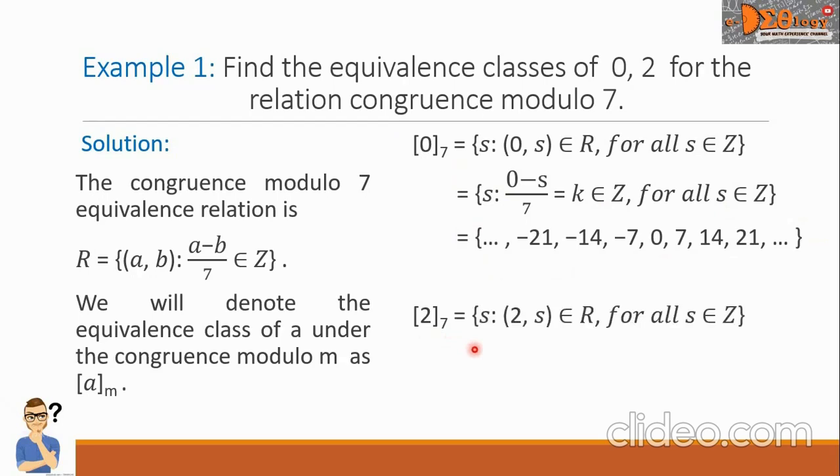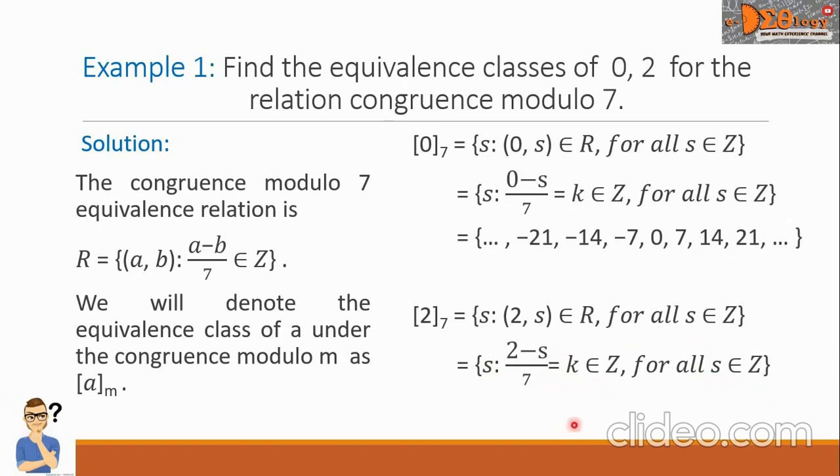As defined, the elements are S, such that the ordered pair (2, S) is an element of R, for all S an element of Z. This is also defined like this: the elements are S, such that (2 minus S) divided by 7 is equal to K. This K is an element of the integers Z, for all S an element of Z.